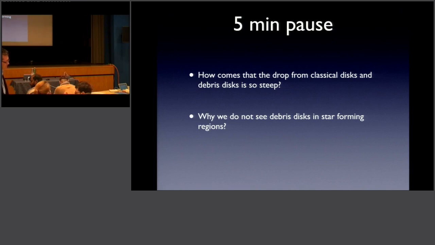The mass of the main belt dropped by orders of magnitude after the late instability. Yeah, could be something like that.